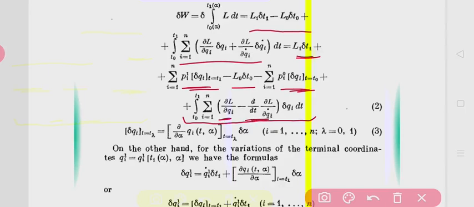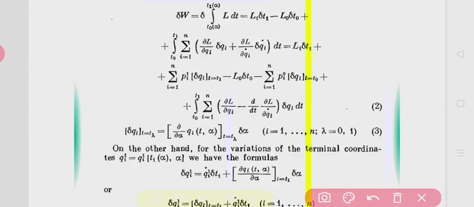So when we combine this, what we need here is this delta of q_i at t equal to t1 and delta of q_i at t equal to t naught. If you find out delta of q_i at t equal to t lambda, where lambda is 0 and 1, we will talk about that.